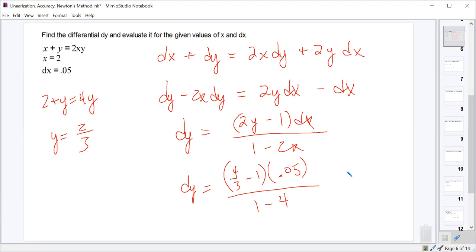And we can simplify that out if we wanted to. We got a third and we got another -3 down there. So what does that come out to be? -1/120th. You guys agree with that?